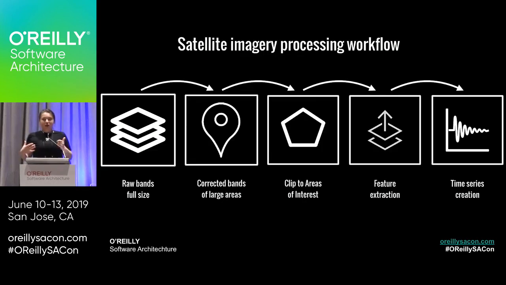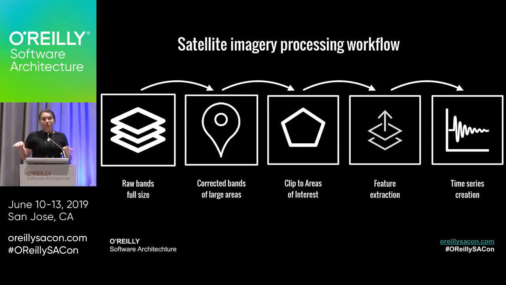As an example of how we address these satellite challenges, let me show the typical workflow for preparing the data from these raw, huge data sets available on Amazon and GCP to a time series of features. Generally, we read the large images at their original size. Then we need to do the co-registration, a little bit of adjustment of the position because they sometimes are a little bit offset, and we need to make sure that they're radiometrically consistent.